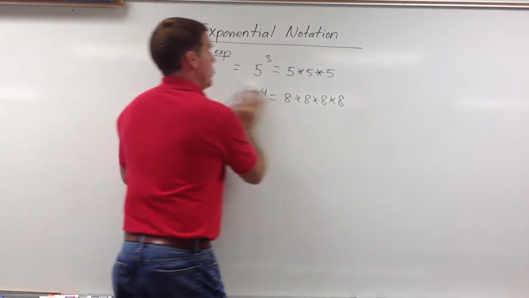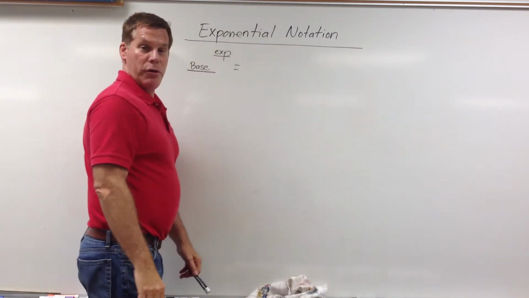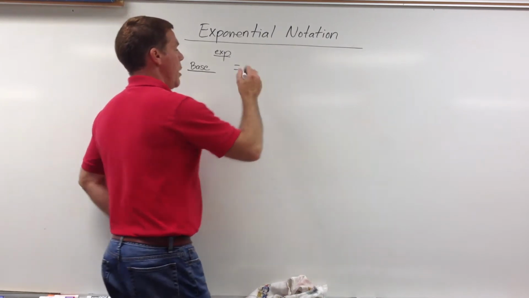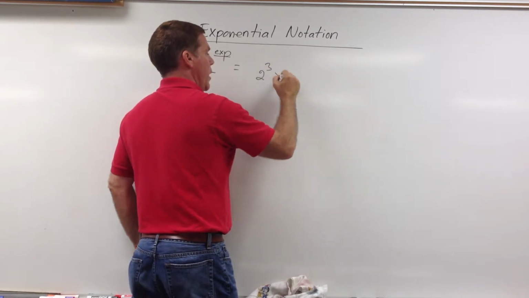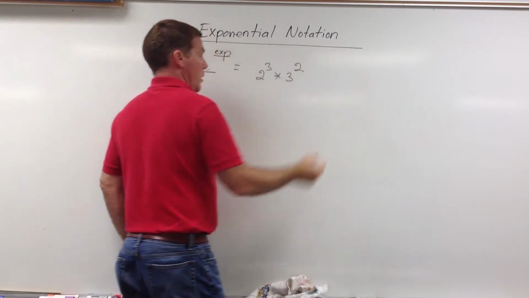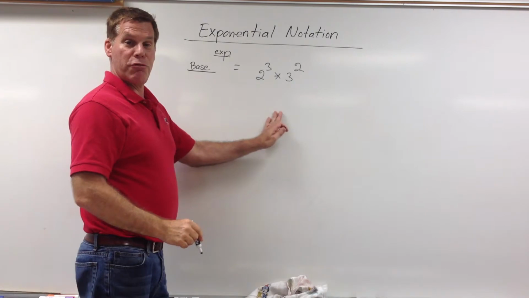Now, the students will have to know later on how to write a number in exponential notation. Sometimes we might have 2 to the third power times 3 squared. Okay? And what does 2 to the third power times 3 squared mean?